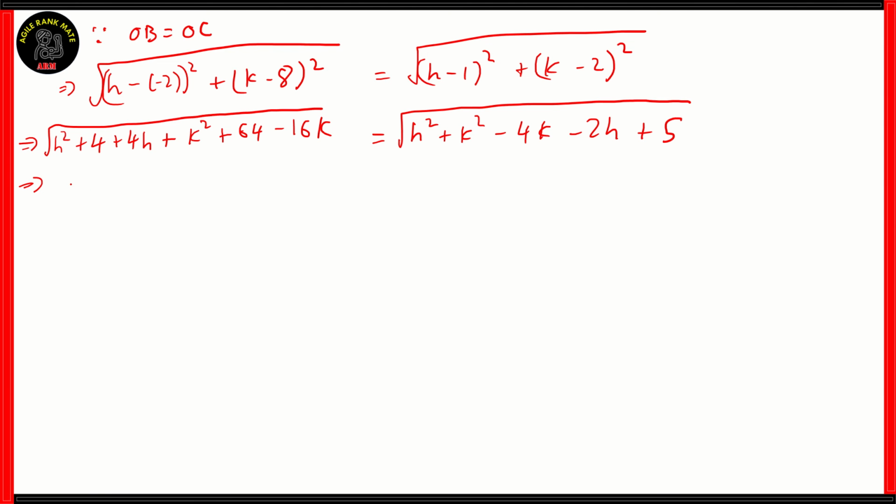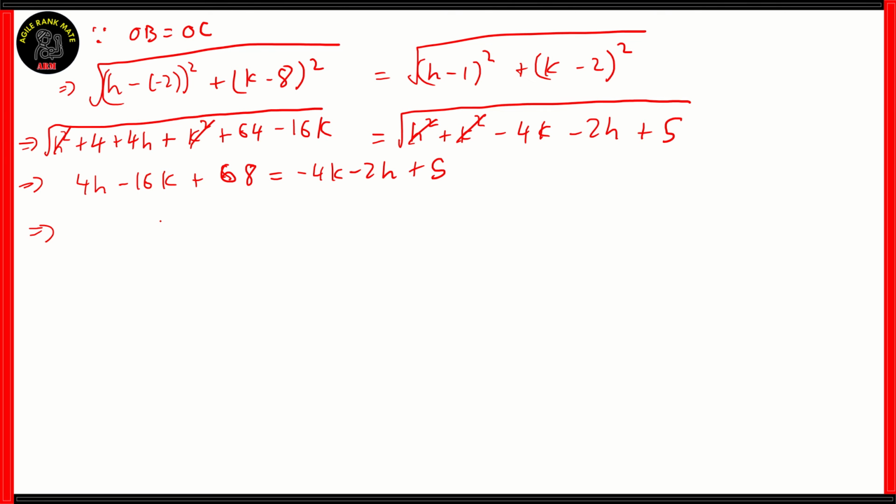So what I'm going to do is remove h squared and k squared already, so we can do it easily. We can also remove the square root by squaring both sides. So what we get is 4h minus 16k plus 68 equals minus 4k minus 2h plus 5.